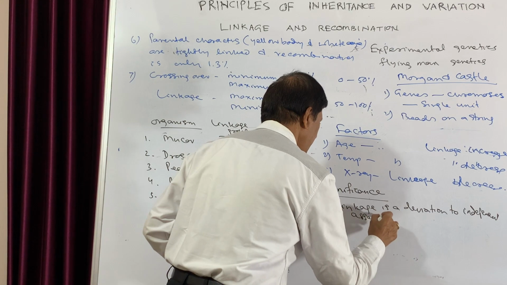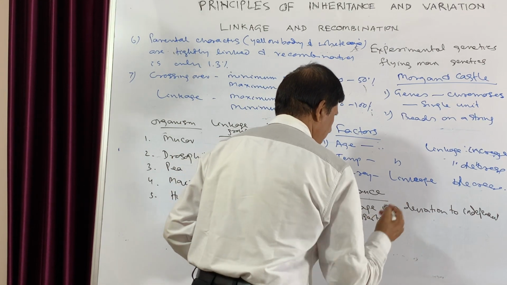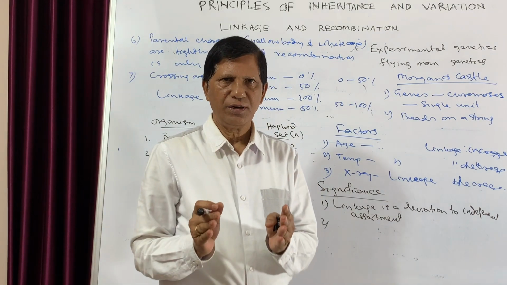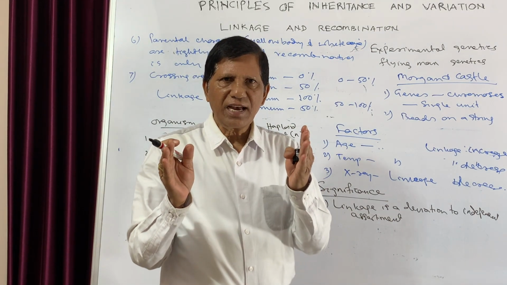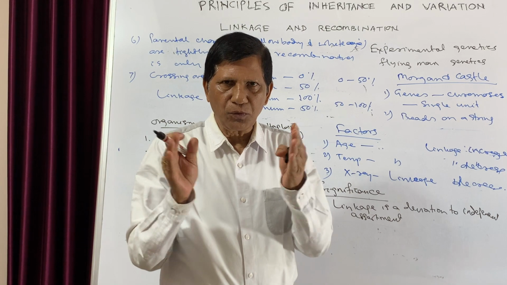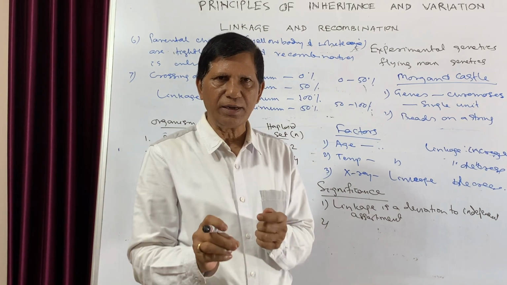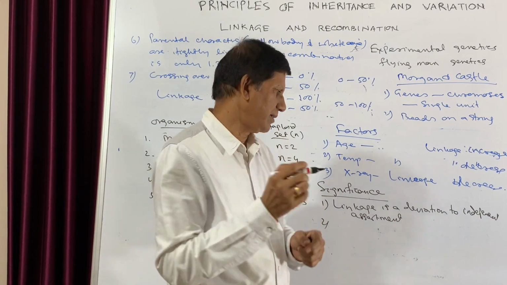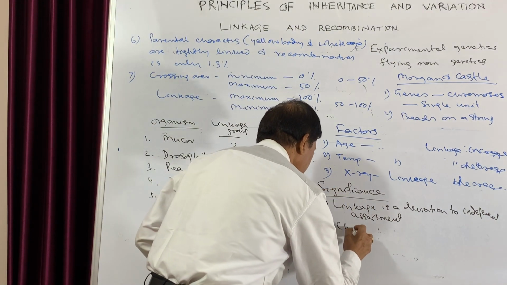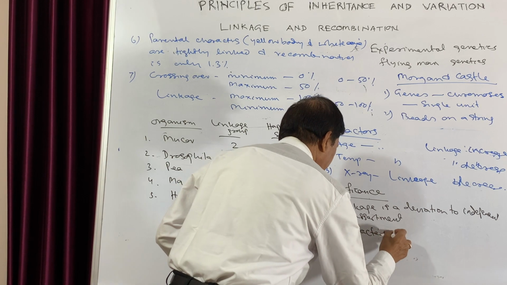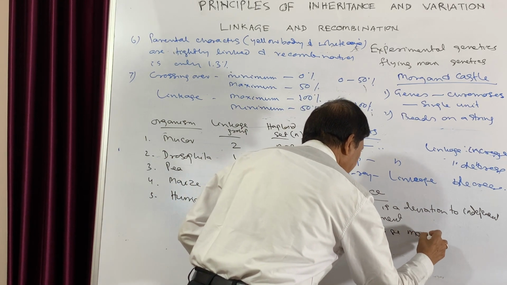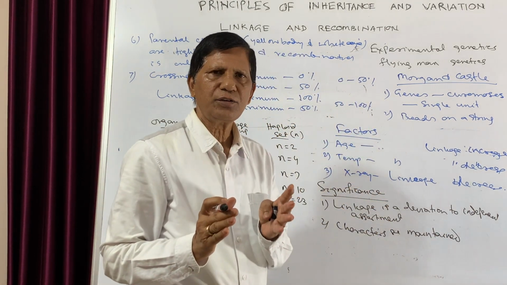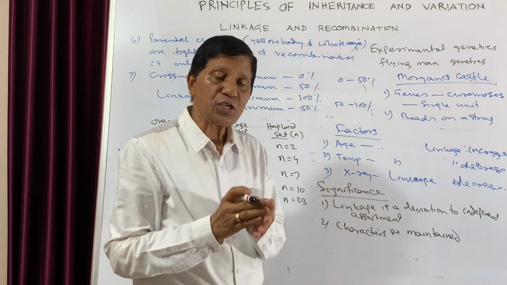This is number one. Number two, since in a linkage the genes which are present very close to each other are inherited together, that means the characters can be maintained. Suppose 2 good characters are there together, so naturally that will be together.